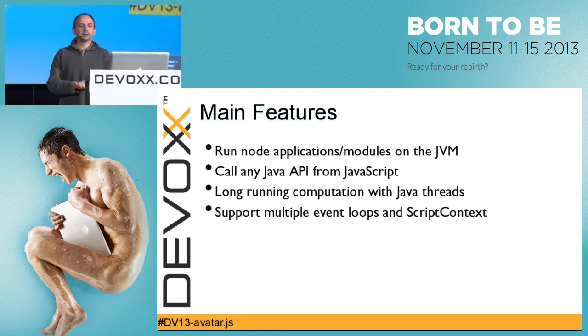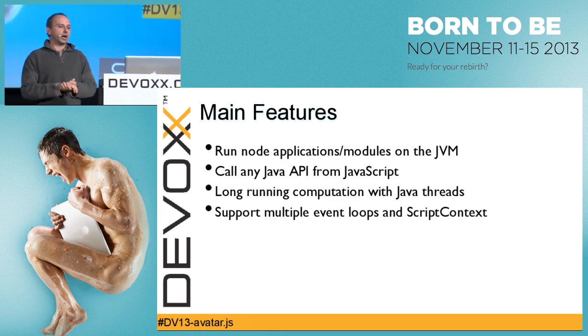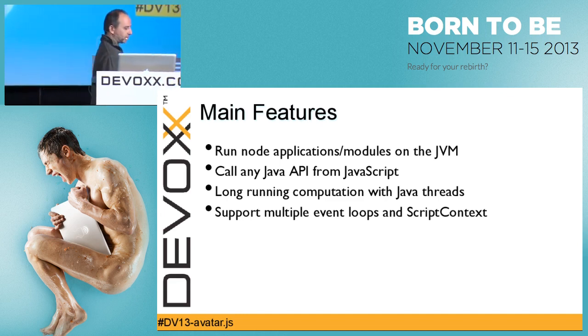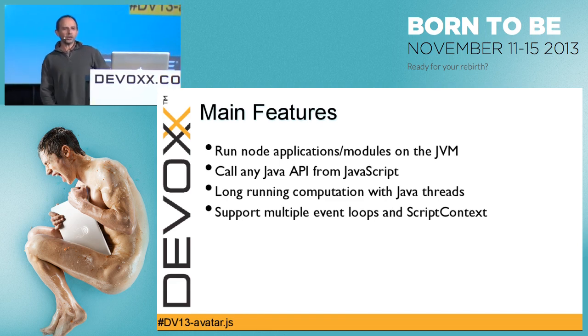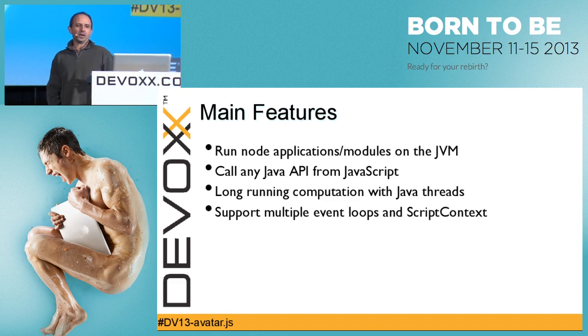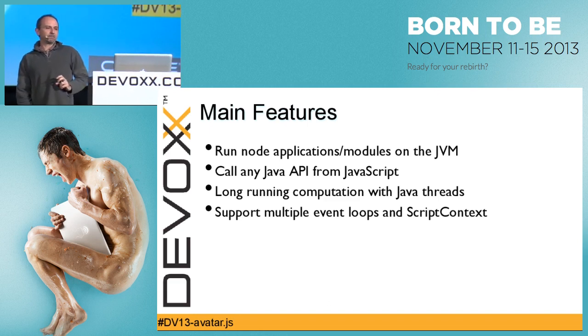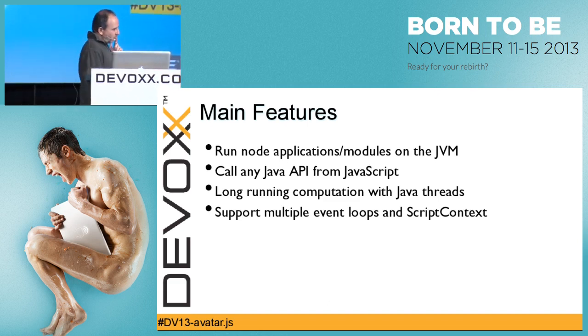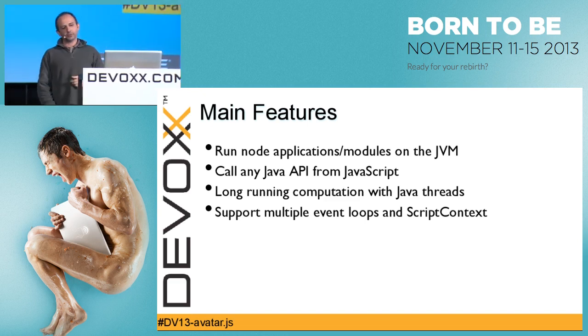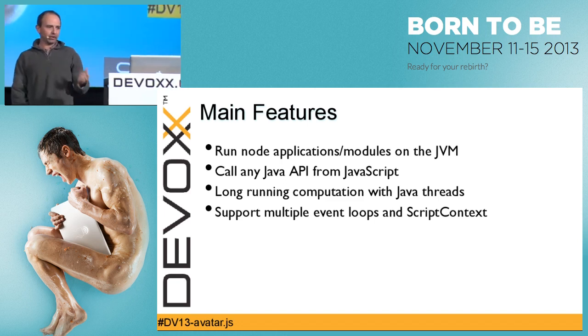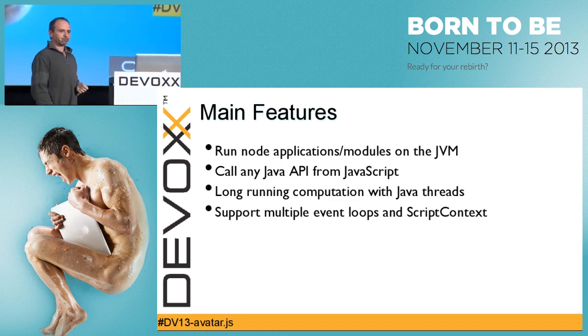That's something that Avatar.js is offering to Node applications: the ability to start threads and run long-running or CPU-intensive computation in a dedicated thread. I will detail that a bit. We also have the ability to start multiple event loops and create multiple script contexts.